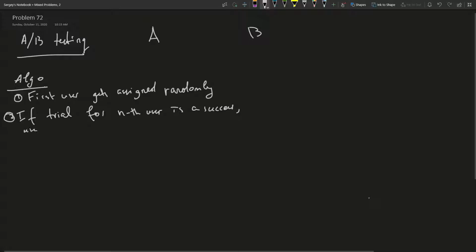So use the same treatment for the next user, for the n+1st user. Otherwise, switch the treatment.